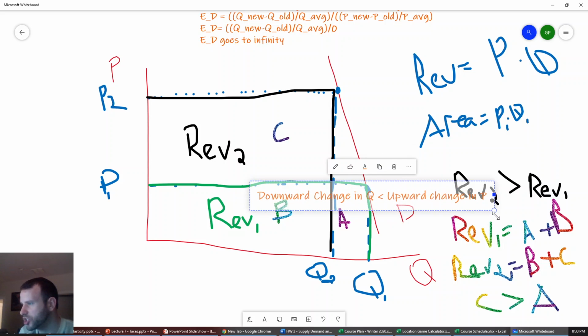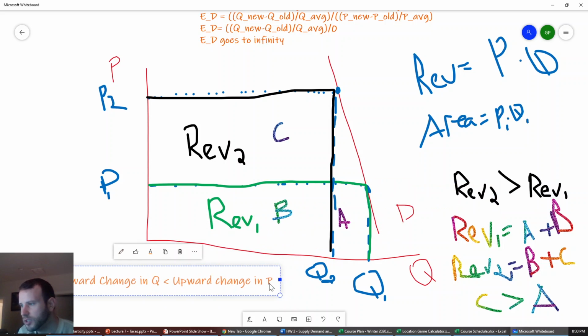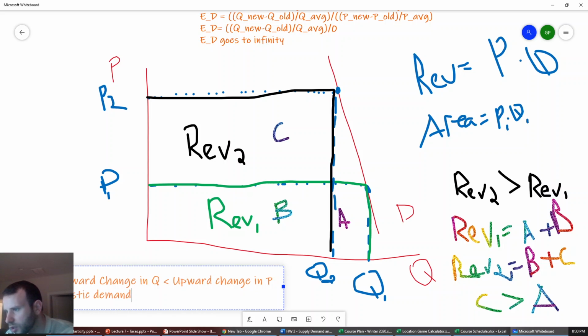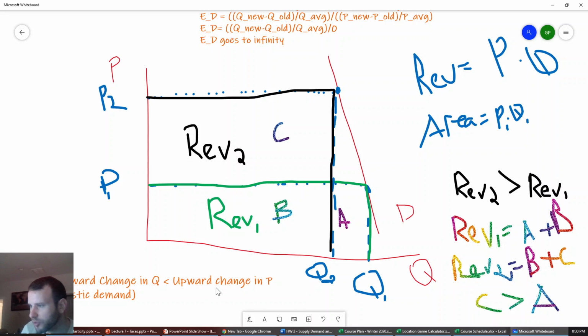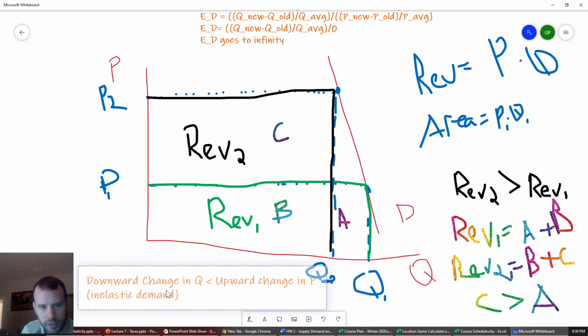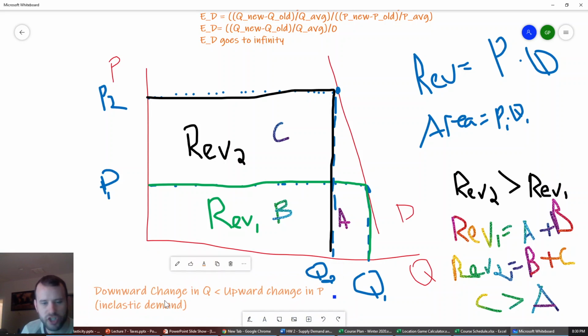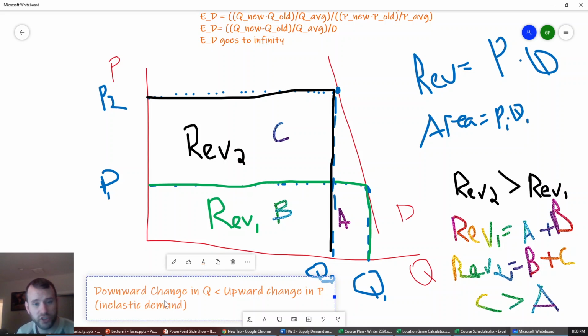That's essentially the definition of inelastic, right? Let me bring this over. All right. So the downward change in Q, the loss of customers, is less than the increase in price. So if you're selling the good, even though a few customers have left, you're charging a much higher price. So your revenue is actually going to increase. Okay.